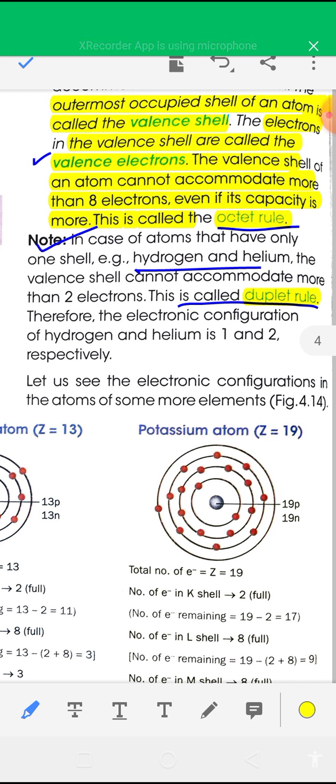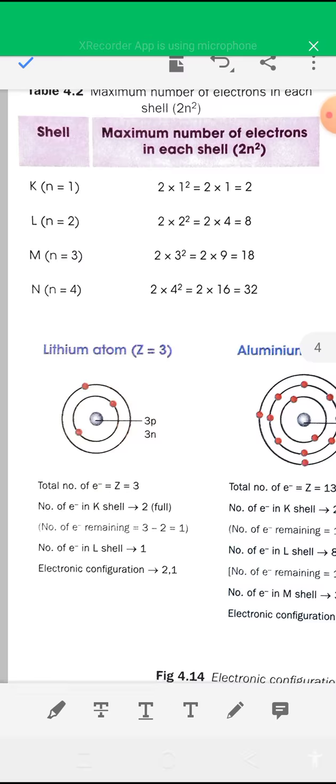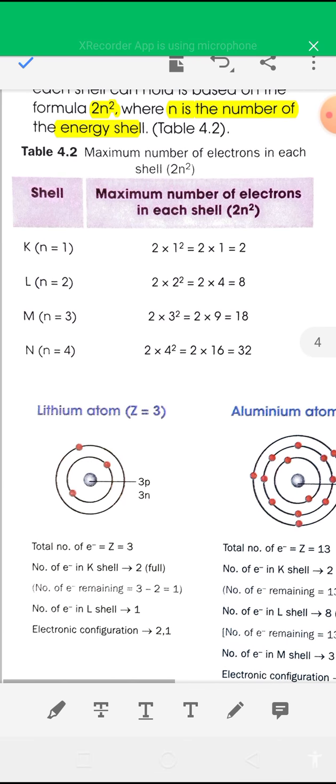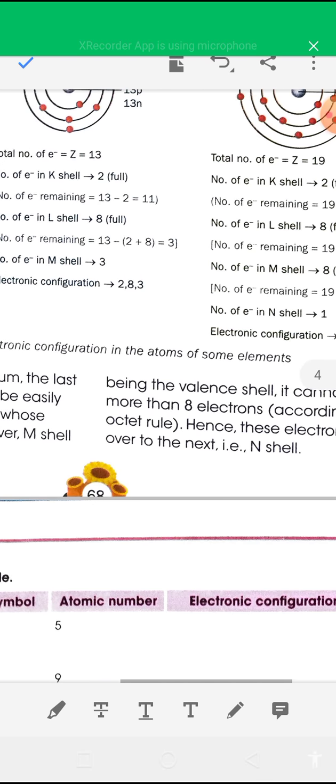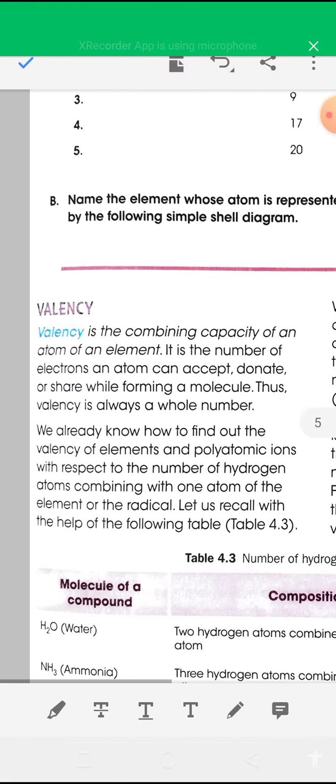Therefore, the electronic configuration of hydrogen and helium is 1 and 2 respectively, because they have only 1 and 2 electrons. So using this rule, you have to arrange the electrons in different circular paths or orbits.